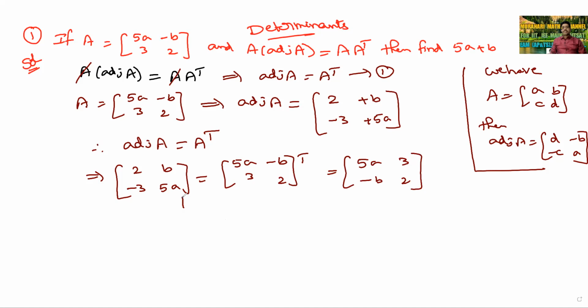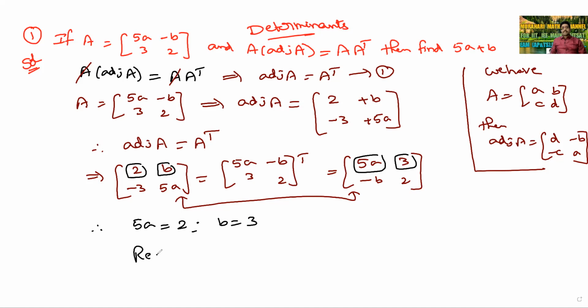Let us observe these two matrices are equal matrices. Therefore, equating corresponding elements, 5A is equal to 2 and B is equal to 3.